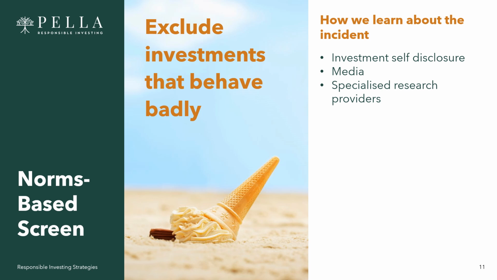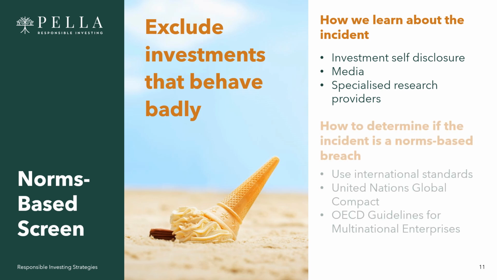One of the main challenges we face with this strategy is determining what exactly constitutes a norms-based breach. For this, we often turn to international standards such as the United Nations Global Compact or the OECD guidelines for multinational enterprises. Let's examine some real-world examples where companies have violated these norms.